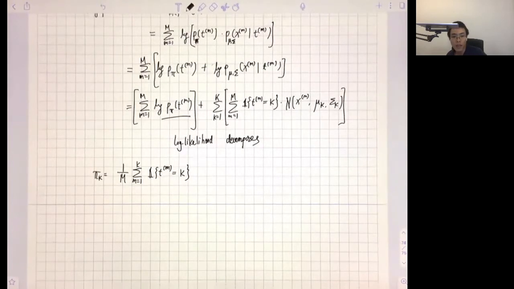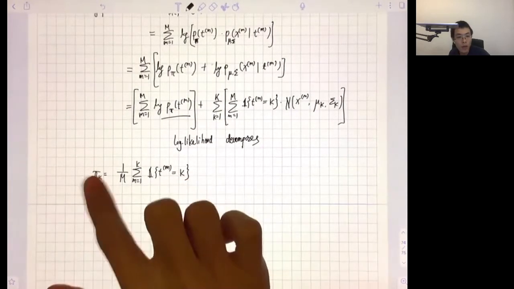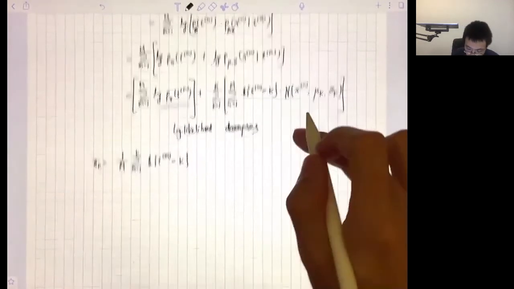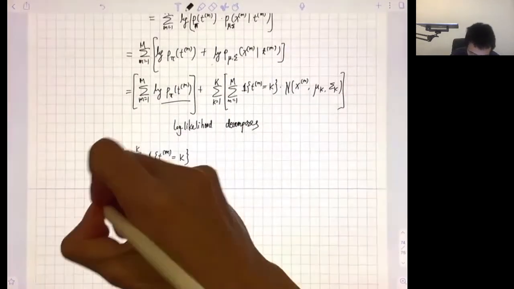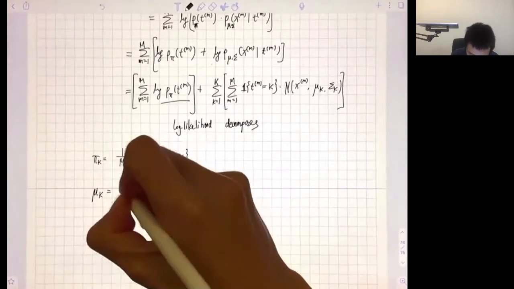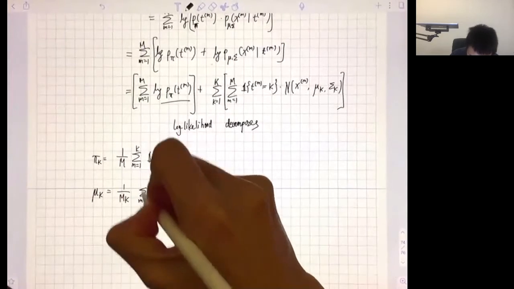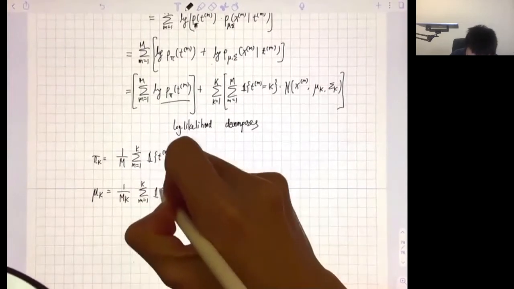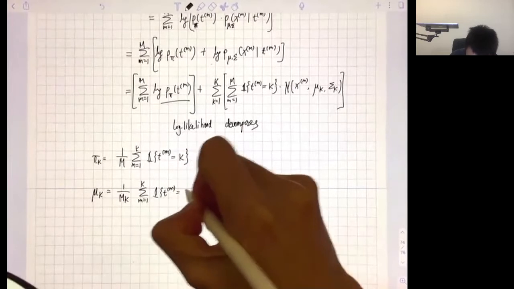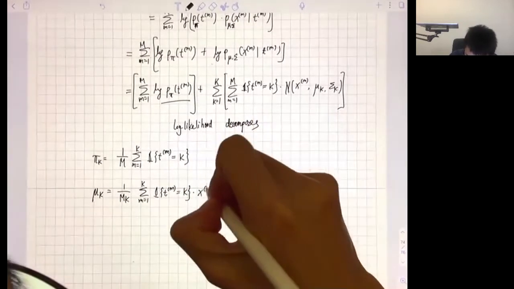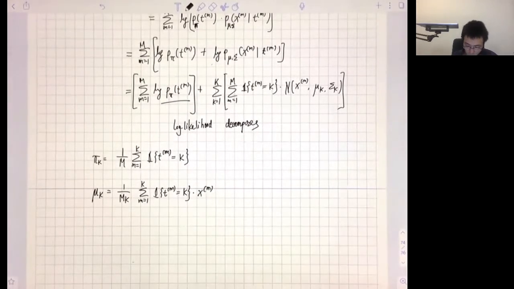If you have 30% of the targets being 1, then you say pi 1 is 30%, okay? This is just counting. And mu k is what I write as follows.